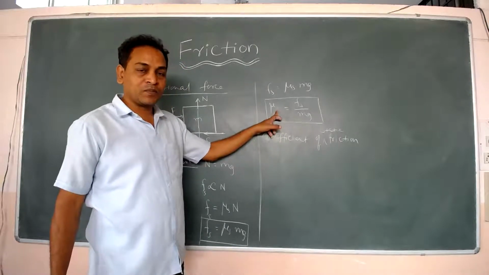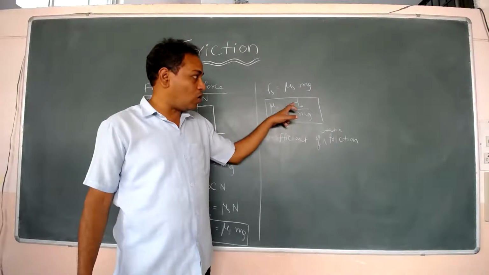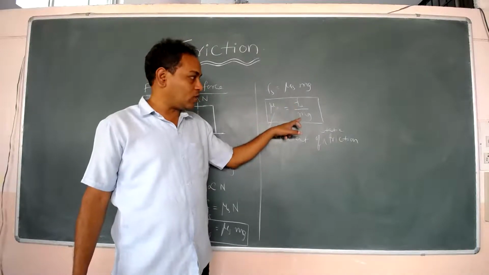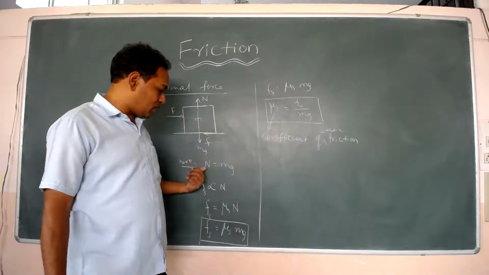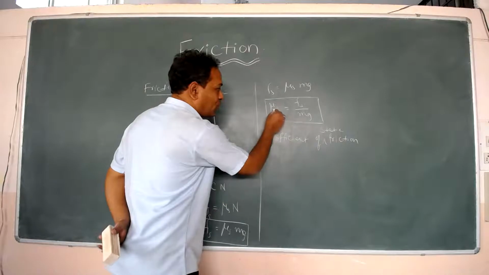How to define this? The coefficient of static friction can be defined as the ratio of frictional force to that of the normal reaction. So we can define this one.